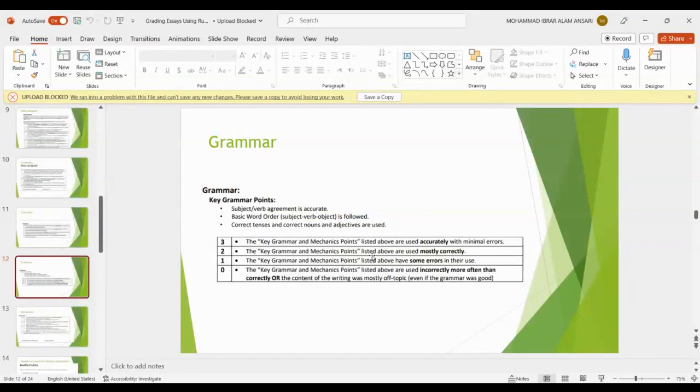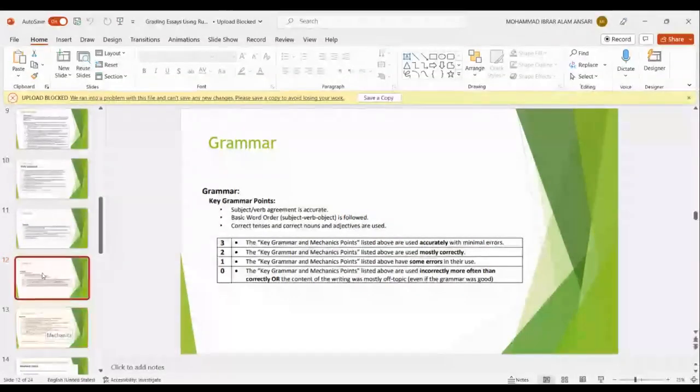Like accurately with minimal errors, 3, mostly correct, 2, some errors, 1, and so on. I'm not here to enlighten you on the rating scale, but we must revisit the rating scale while grading. Especially, we need to look at the highlighted words. That really helps us allocate a score which is really fair.